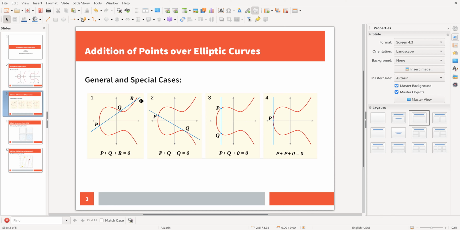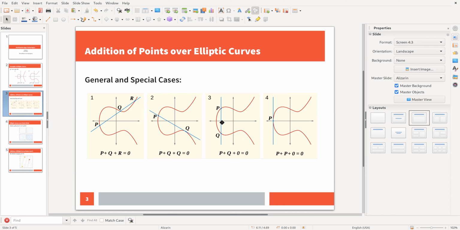Any 3 points belonging to a straight line and belonging to our elliptic curve, counting the multiplicity of points, are considered to have a sum 0. And therefore, we can extend this definition a little bit further, looking into the third picture here.